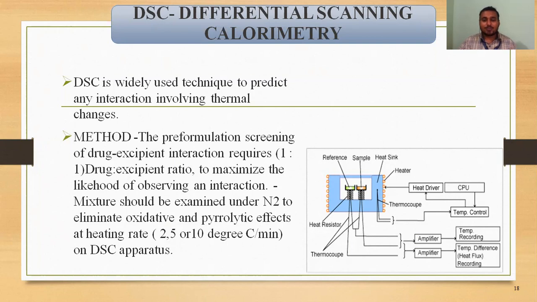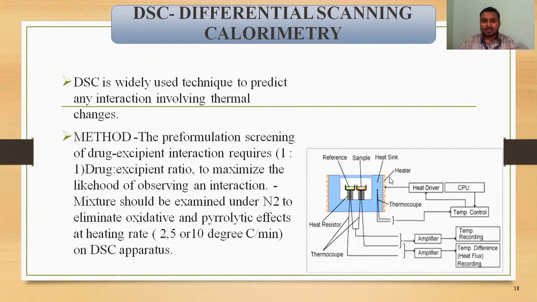Okay, to maximize the likelihood of observing an interaction, the mixture should be examined under N2 to eliminate oxidative and pyrolytic effects, at a heating rate of 2, 5 or 10 degree Celsius per minute for DSC purpose. So this is mainly a thermal process.